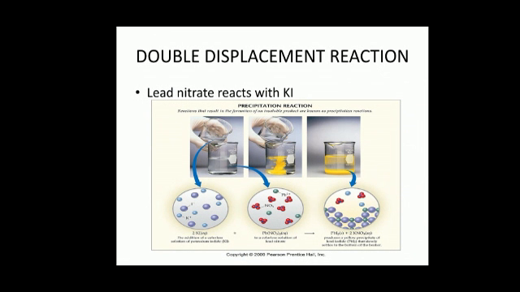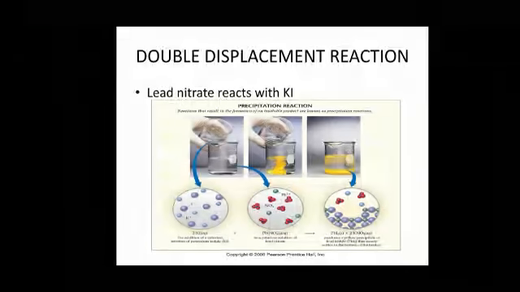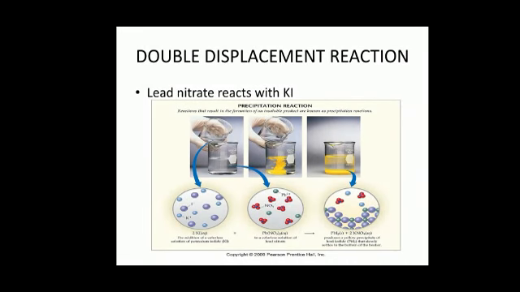Now another type of chemical reaction is double displacement reaction. Look at the image, one image along with the reaction. Consider double displacement reaction between aqueous solution of potassium iodide and aqueous solution of lead nitrate.